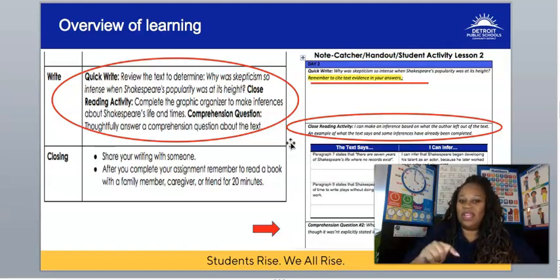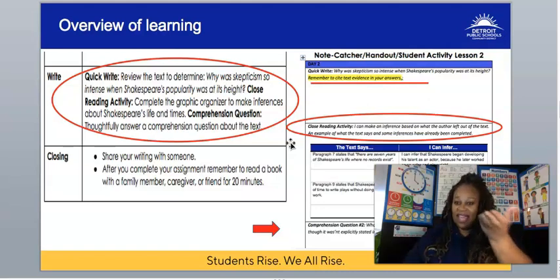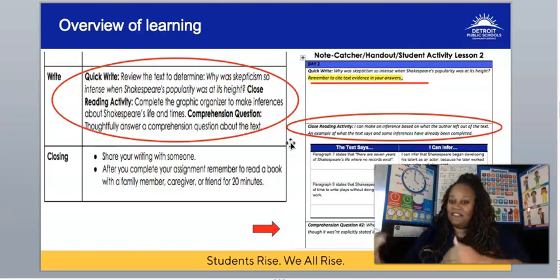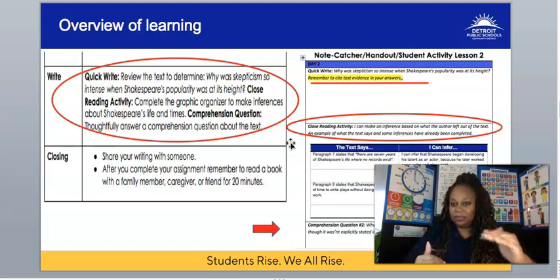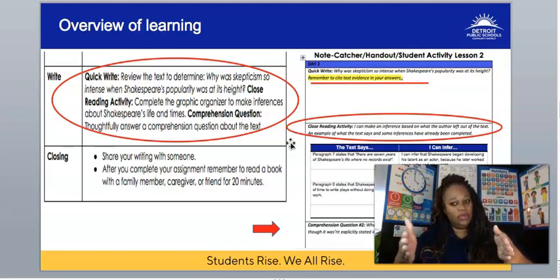For our close reading activity, there's a graphic organizer today. That graphic organizer helps us to see what the text says and then to say, I can infer. So, for your benefit, the graphic organizer has been filled out. I either gave you a clue of what the text says, or I gave you a clue of what you can infer.